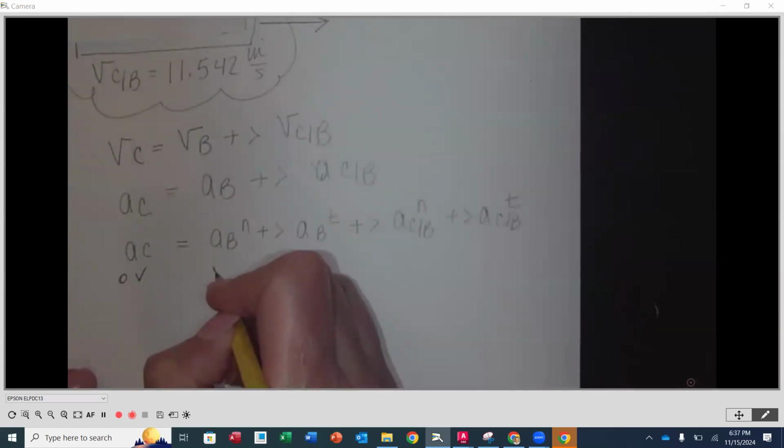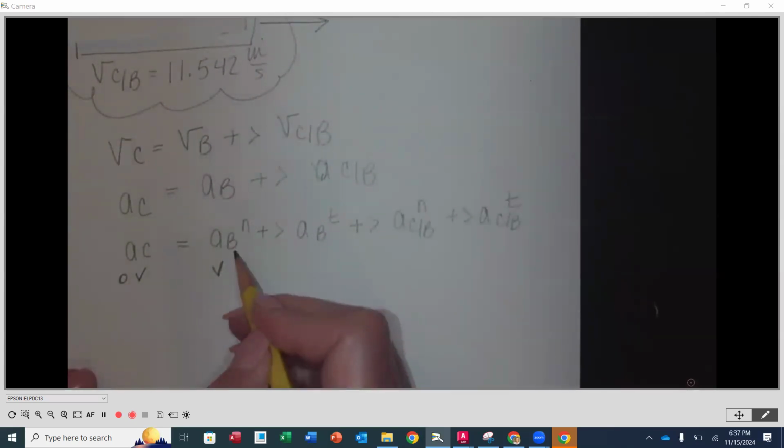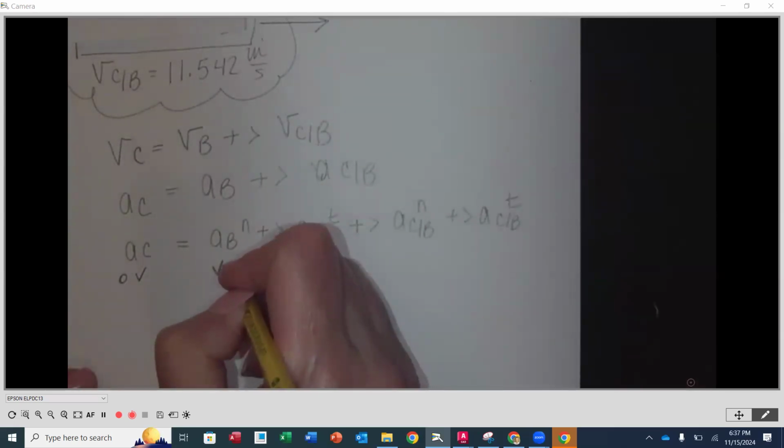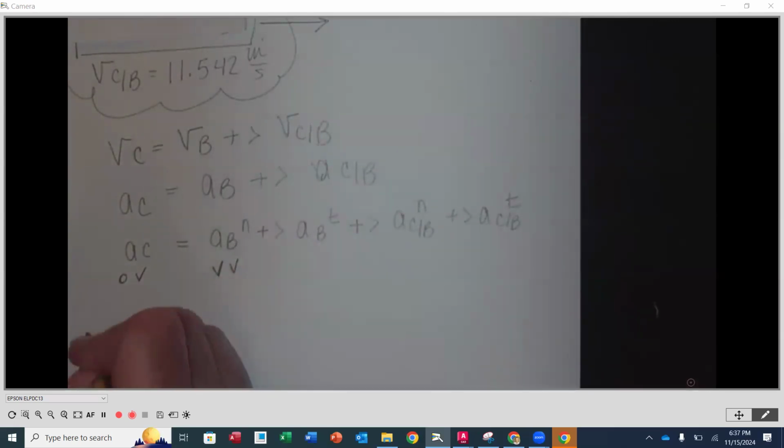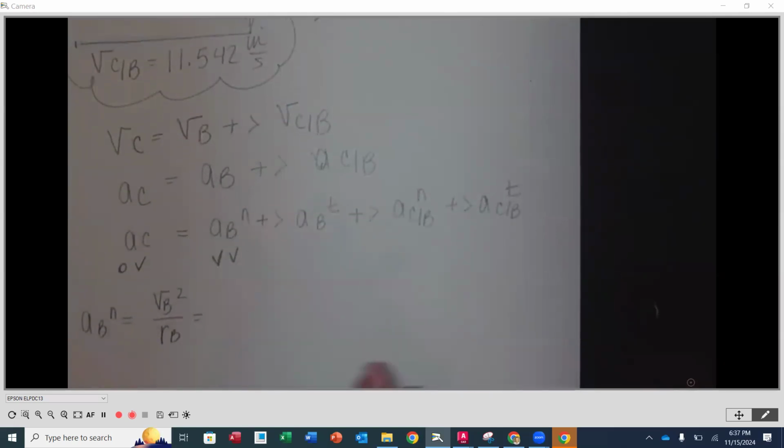So we can calculate the magnitude, and then the direction is going to go from point B towards the center of rotation, so right along that link. So the normal component at B is going to be equal to the velocity of B squared. I'm just picking one of them. You can pick the other one. You're going to get the same answer, and the radius to B.